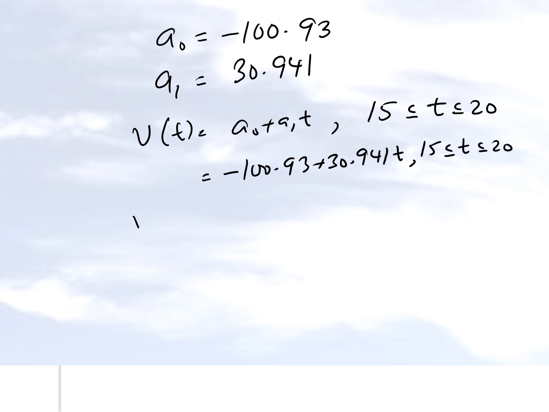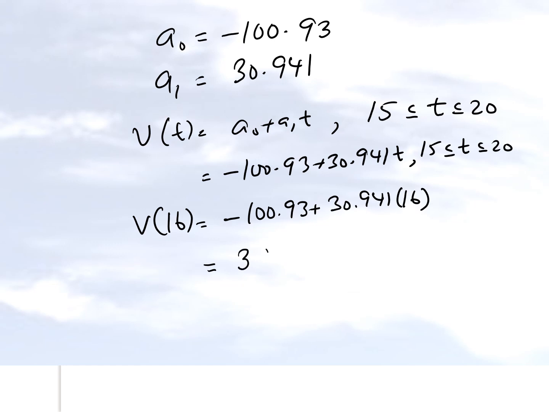If I want to find the value of the velocity at 16, all I have to do is substitute 16 into the straight line formula, or the first order polynomial formula, and this is what I get: 393.7 meters per second. And that is the end of this segment.